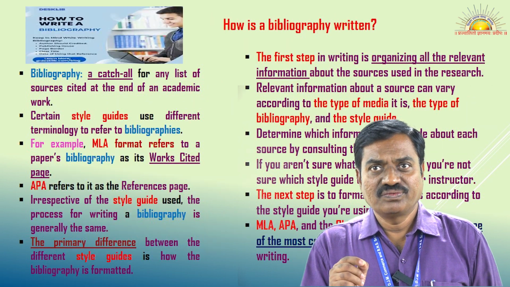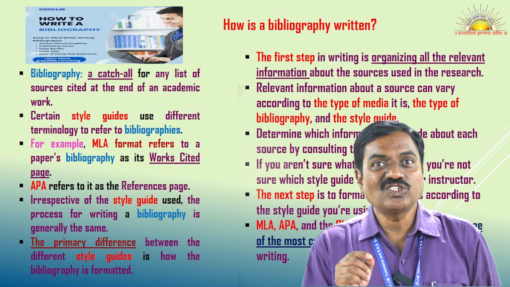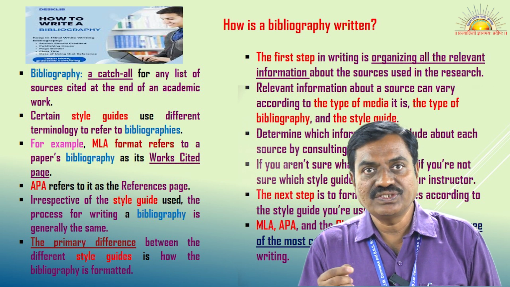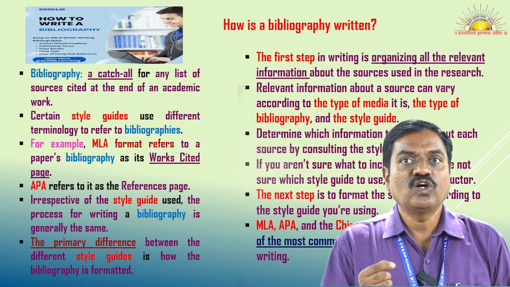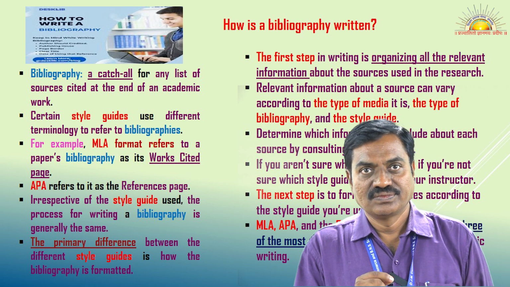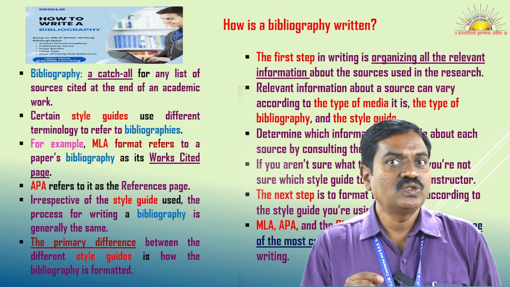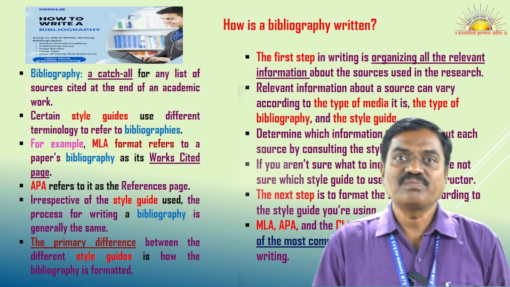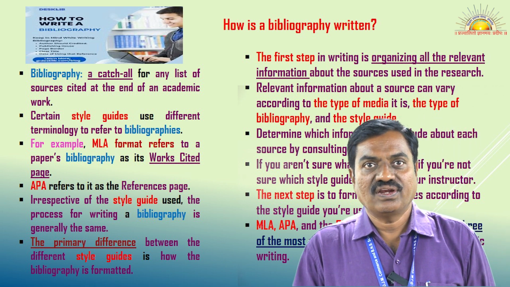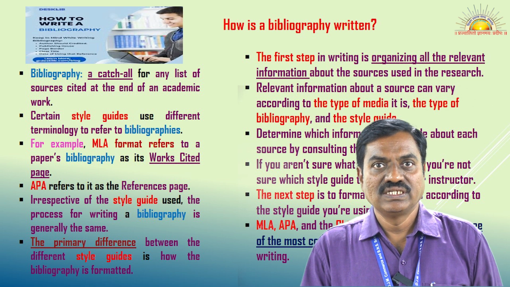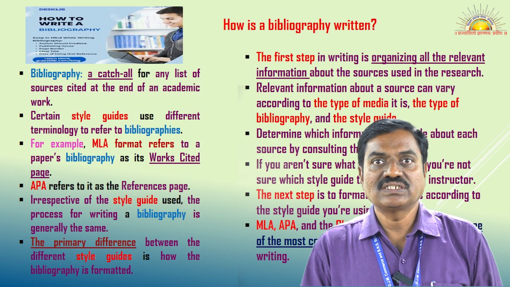The term bibliography is a catch-all for any list of sources cited at the end of an academic work. Certain style guides use different terminology to refer to bibliographies. For example, MLA format refers to a paper's bibliography as its works cited page.